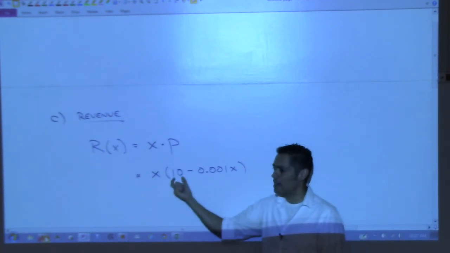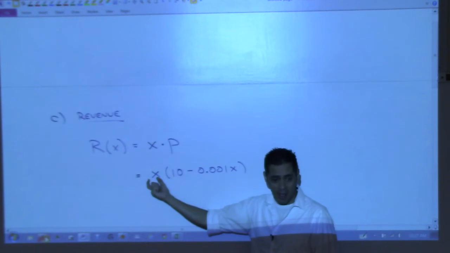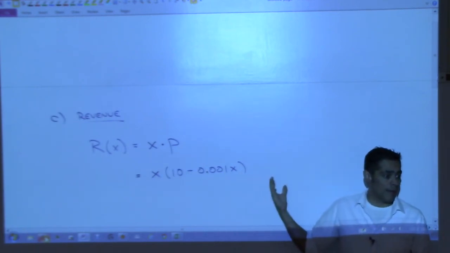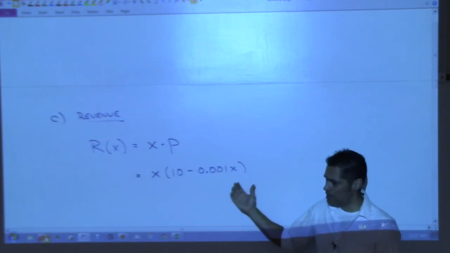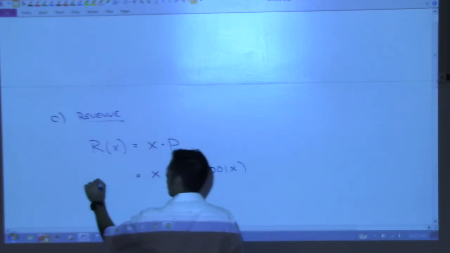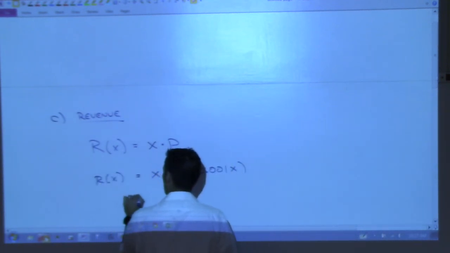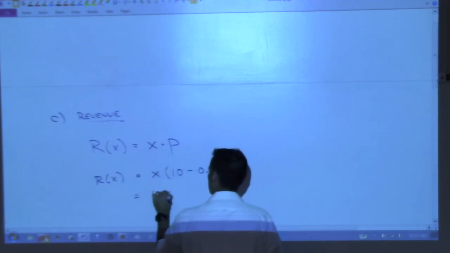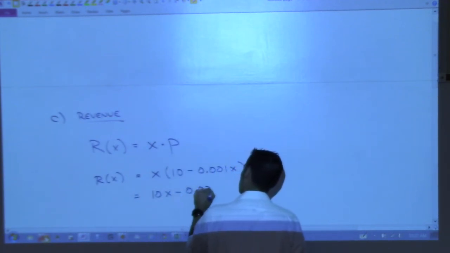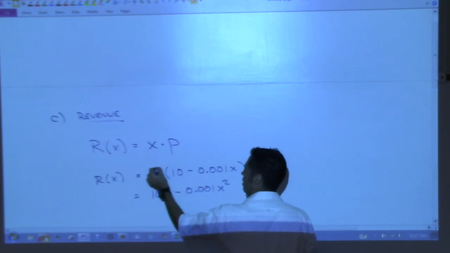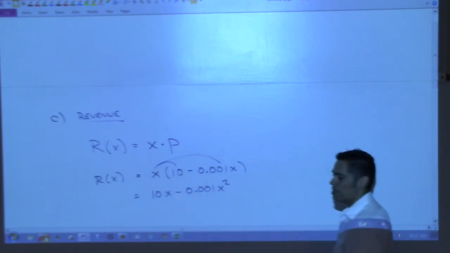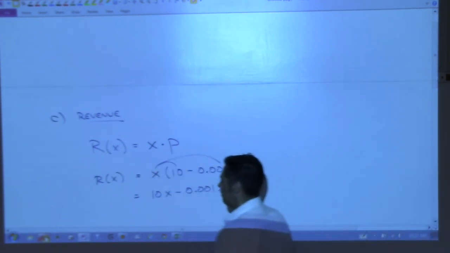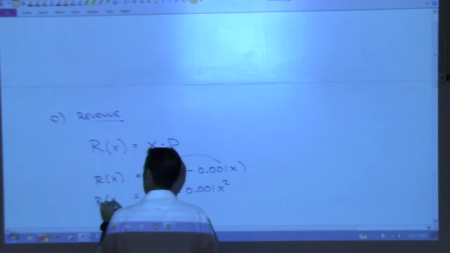And using that and multiplying it times how many we sell will give us our revenue function. Understand this? That means our revenue function is actually 10x minus 0.001x squared. So all I did was distribute the x through the parentheses, and we now have a nice little revenue function.